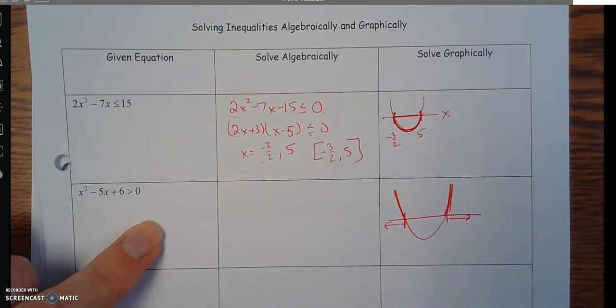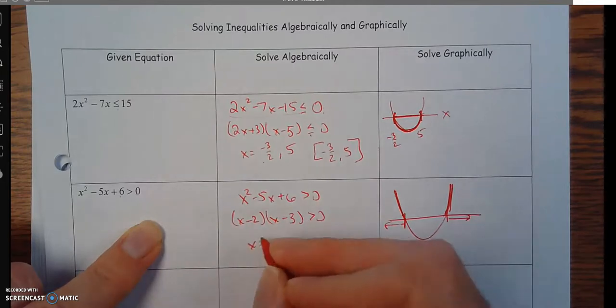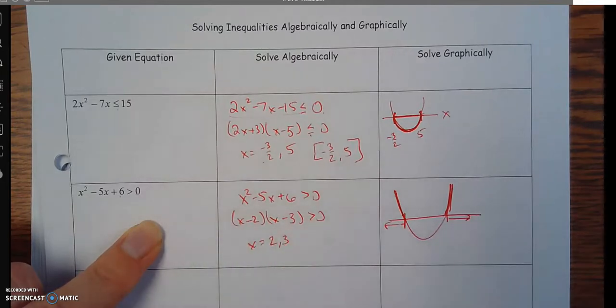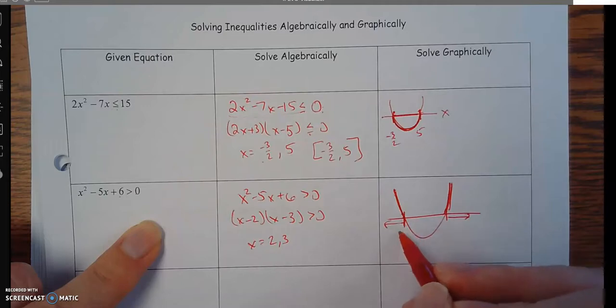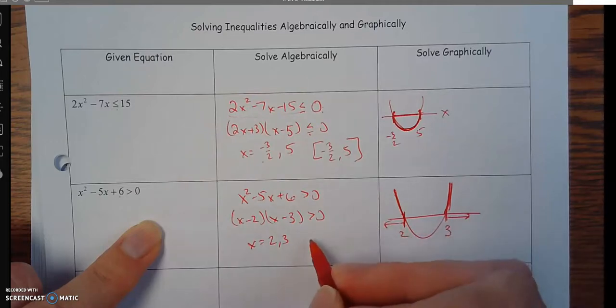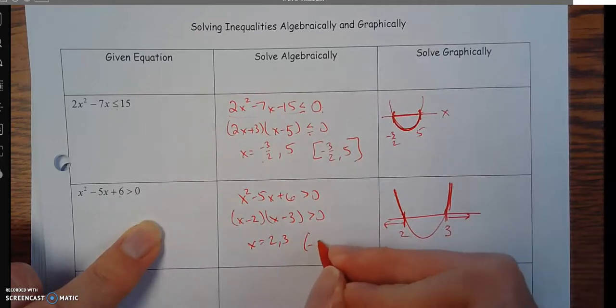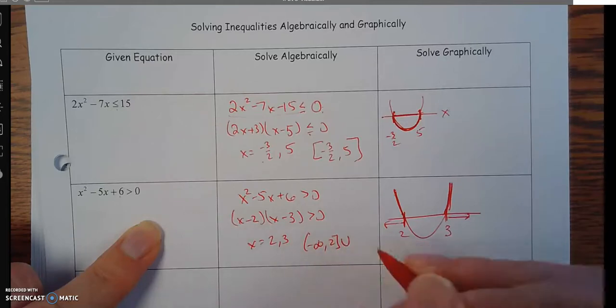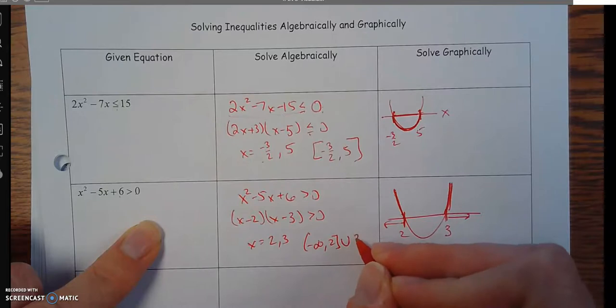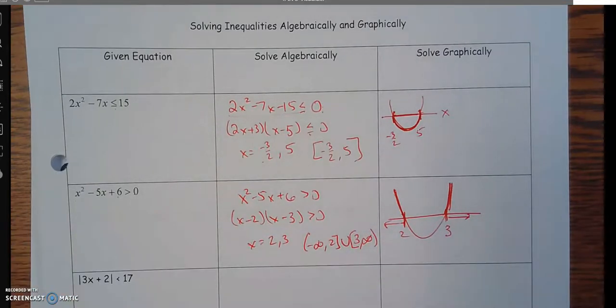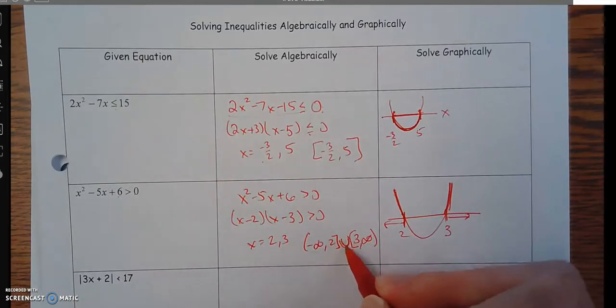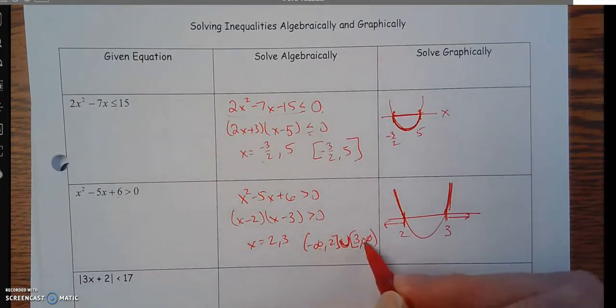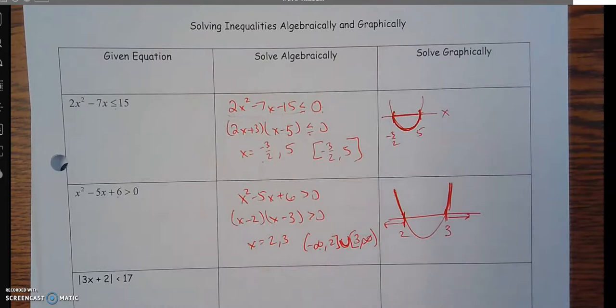So I'm going to factor that, and I get that when x is 2 and x is 3, something's happening. Well, here's the 2, here's the 3. So my intervals would be from -infinity up to 2, including 2, in union with 3 on to infinity. If you remember, the union just means or, so it could be this or that, any of the x values in either one of those.